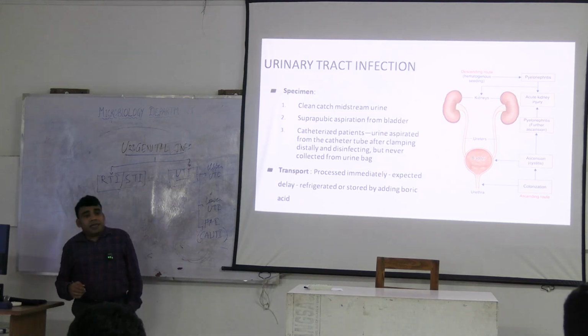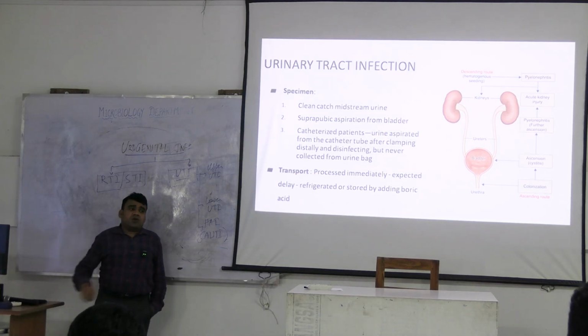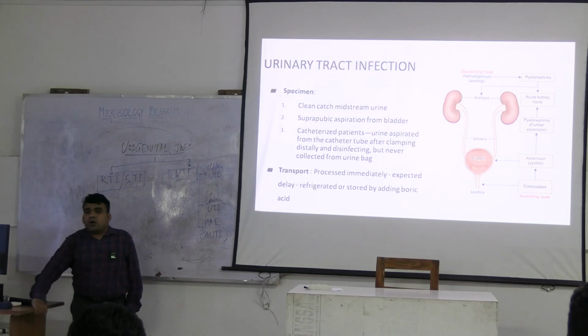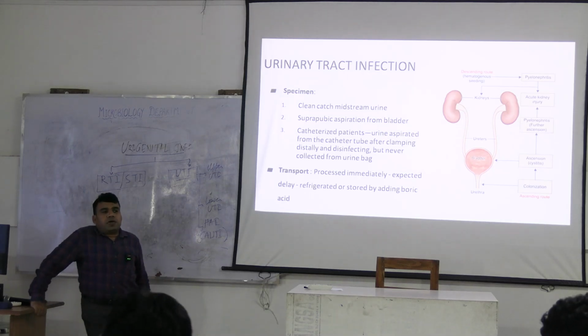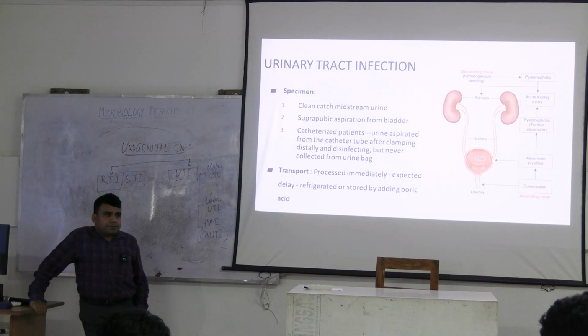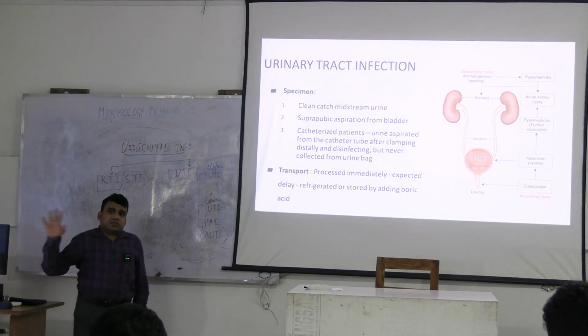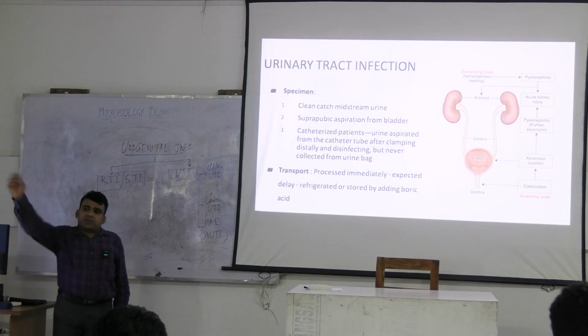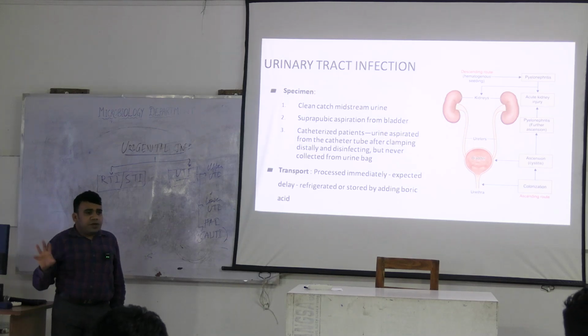Next, in case of pyelonephritis, we can also go for something called nephrostomy and collection of urine from the stoma. Try to understand this. Suppose pyelonephritis, that means infection is in the renal area.